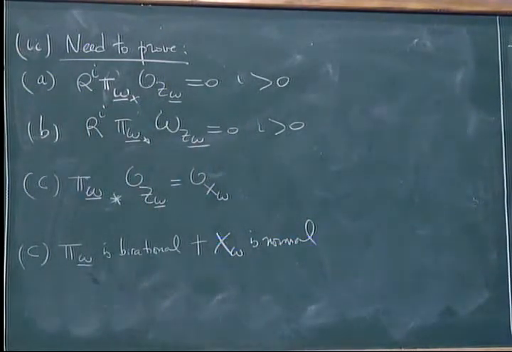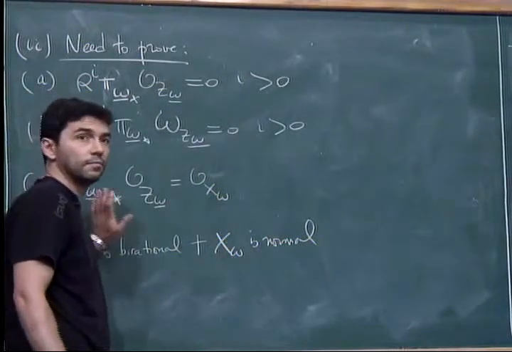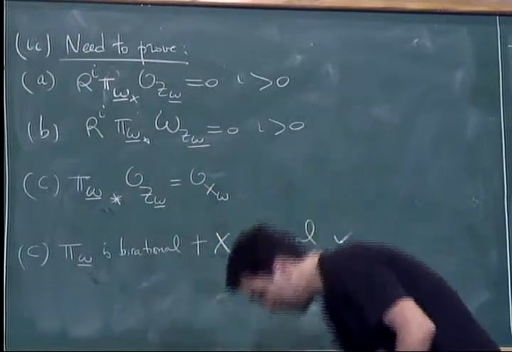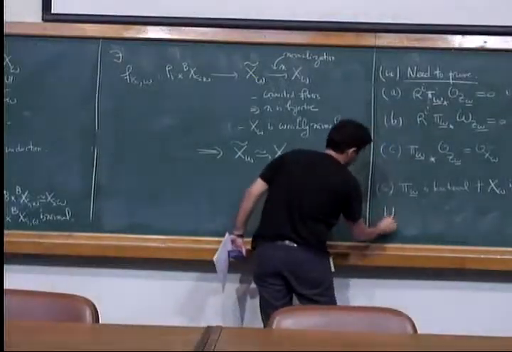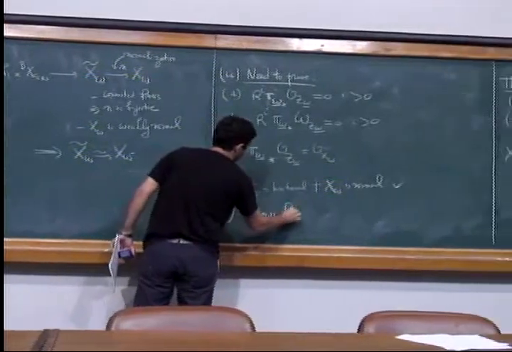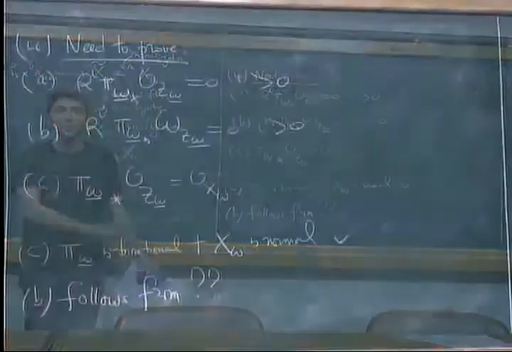So as pi omega is proper, we get exactly this statement. So it's okay. For B, this follows from some theorem we saw yesterday.